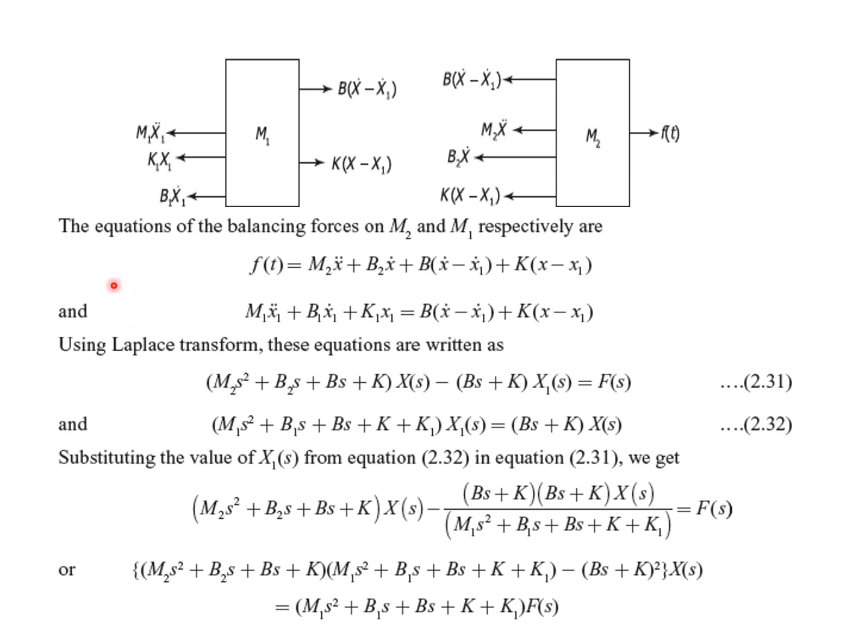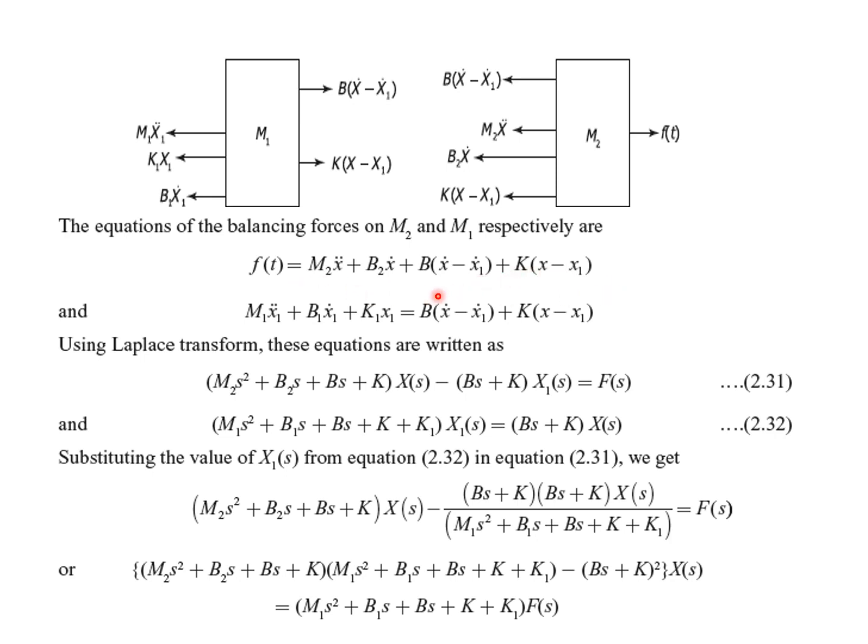And the equations for balancing the forces on m1 and m2 are represented here. This is for the node x, wherein the force F(t) is equal to m2 d²x/dt², which is represented as x double dash, plus b2 x dash, which is dx/dt, plus b times (x dash minus x1 dash), that is dx/dt minus dx1/dt, plus k(x − x1).